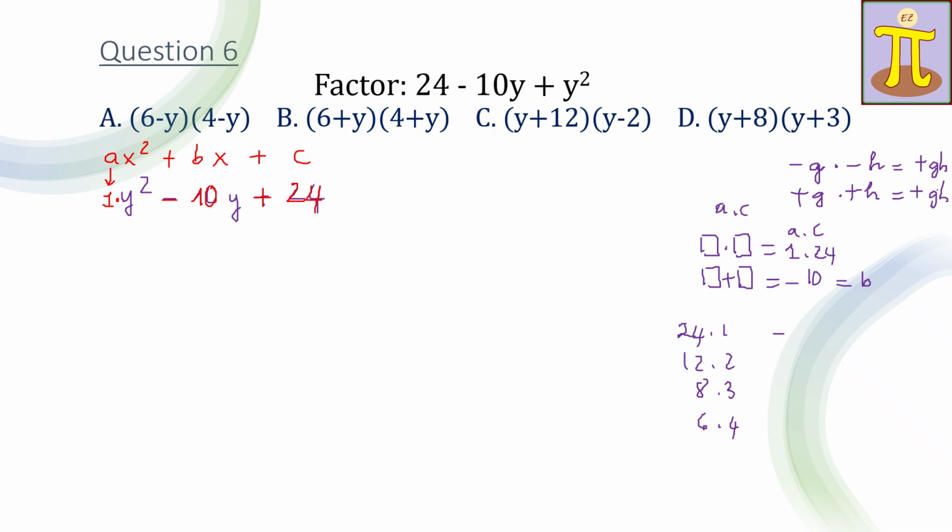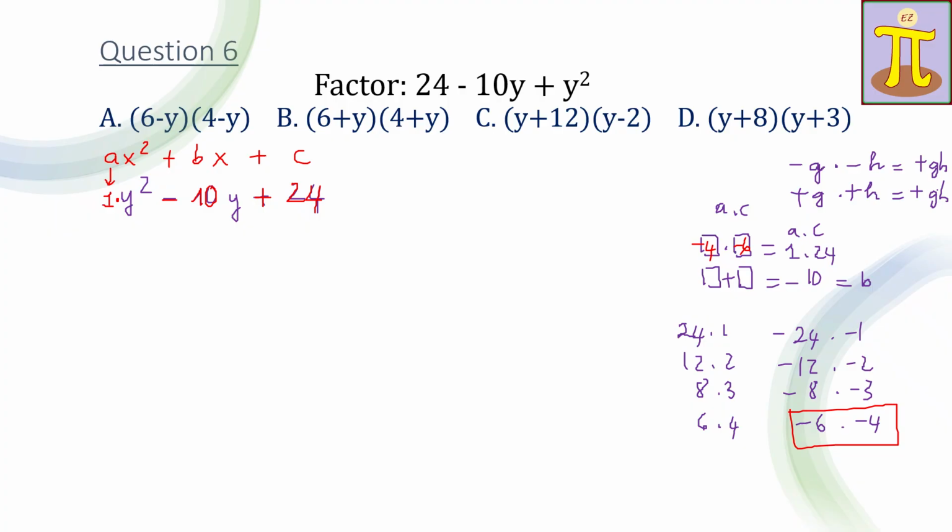Same sign produces positive. So now you can have 24 times negative 1, or negative 12 times negative 2, negative 8 times negative 3, or negative 6 times negative 4. Which one adds up to negative 10? We have this one, negative 4 and negative 6.